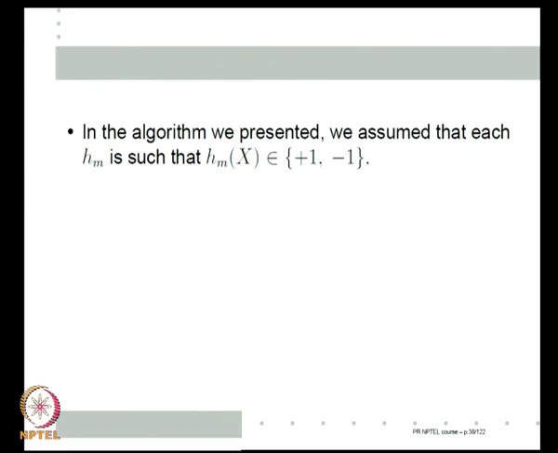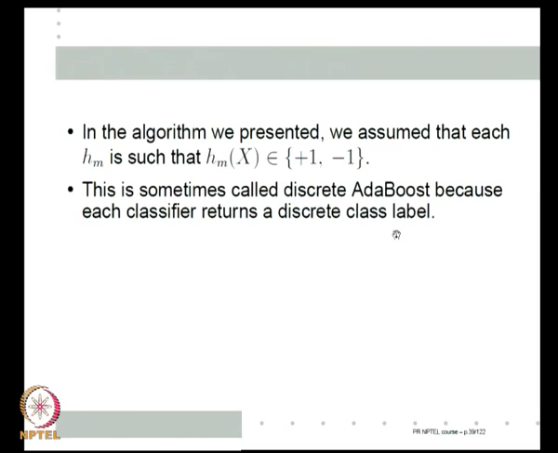Of course, the particular AdaBoost algorithm we presented is such that we assume that each h_m is a classifier, that is, a binary valued output. h_m(x) takes only values +1 and -1. So, this AdaBoost is called a discrete AdaBoost, because each h_m takes on only discrete values, the class labels.